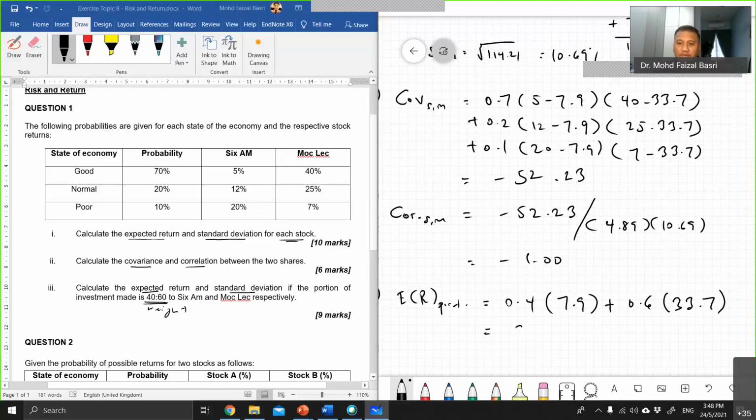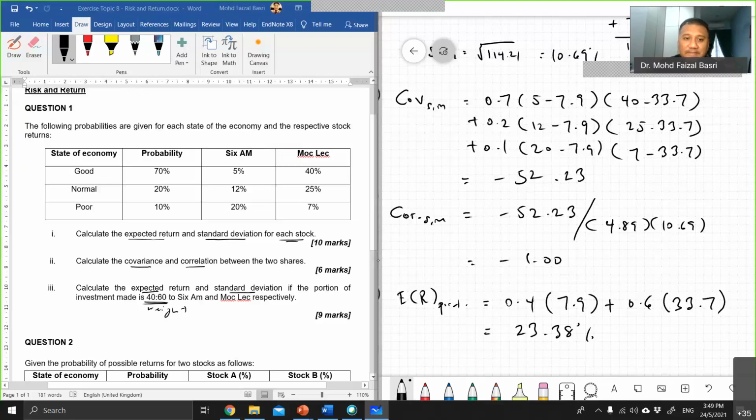The average is 23.38%. So the expected return of the portfolio, if I decided to split my investment into 40% in stock S and 60% in stock M, will give me around 23.38% returns.